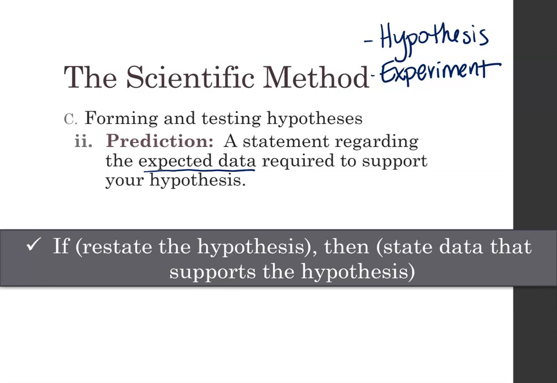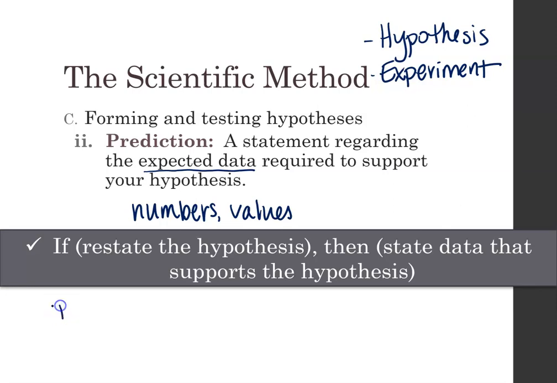So your prediction usually has to include some sort of numbers or values that you are going to collect. You write this in the form of an if-then statement. And I'm not going to do an example right now because we're going to do an example in our lab, but I want you to kind of think about how this might look.